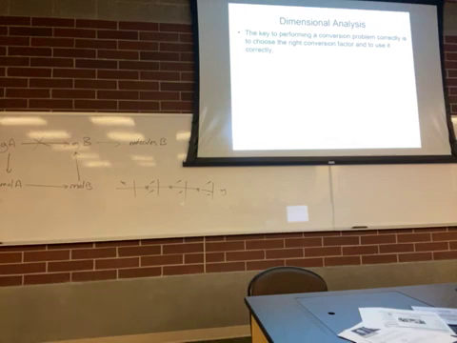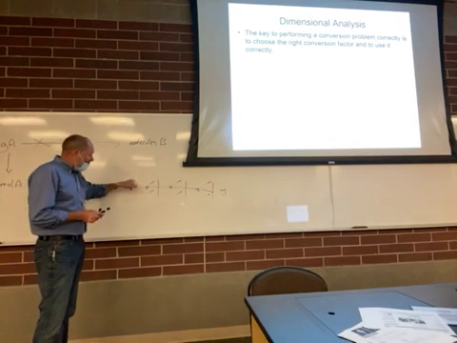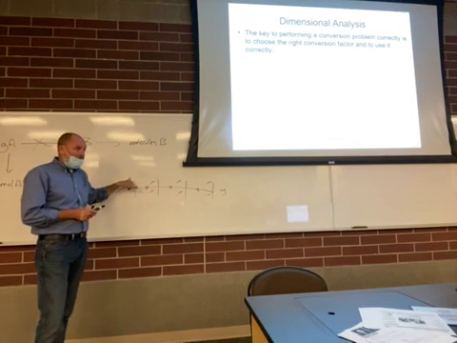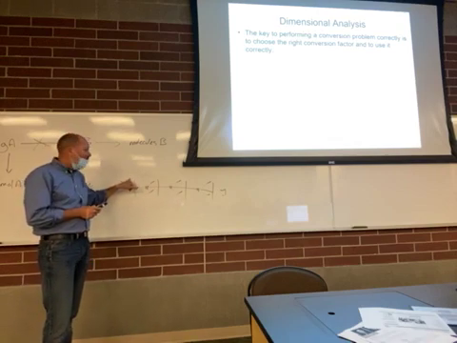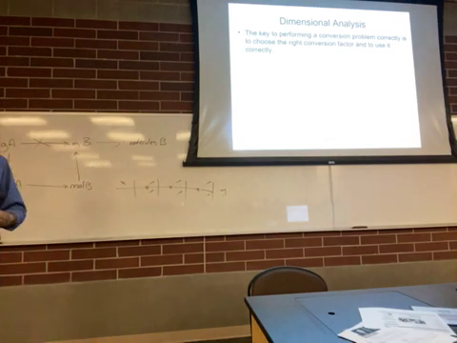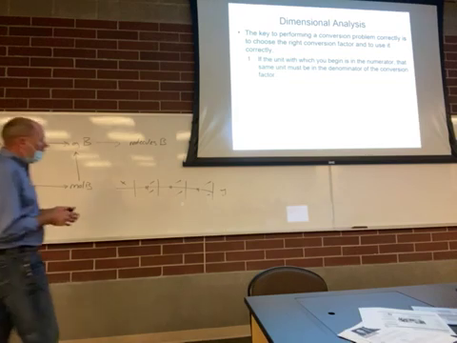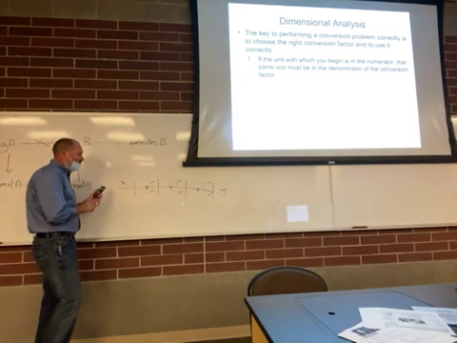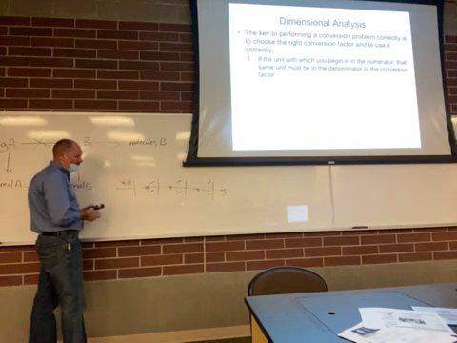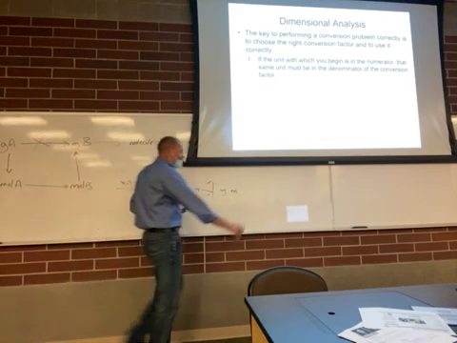So the key to this then is knowing what amount I have and what the actual label is, whether it's meters or inches or centimeters or kilograms or grams or whatever I know, and putting that in a ratio that's going to cross multiply. Okay? So if the unit you use is in the numerator, then that one must go in the denominator. So if I have feet here, and I want to go to meters here, here's what happens.